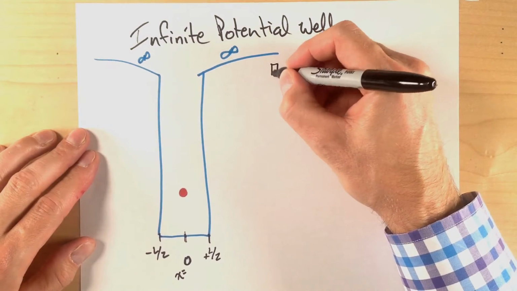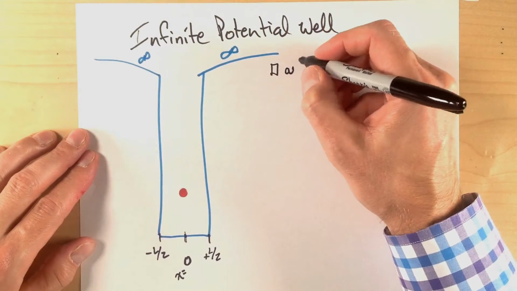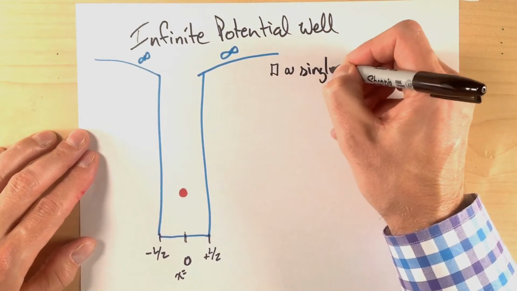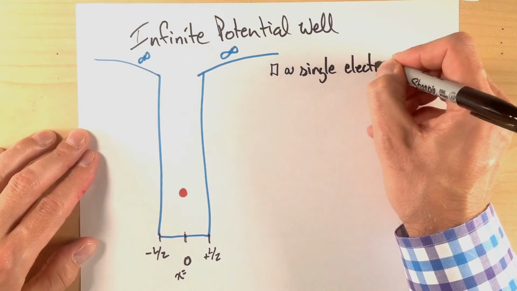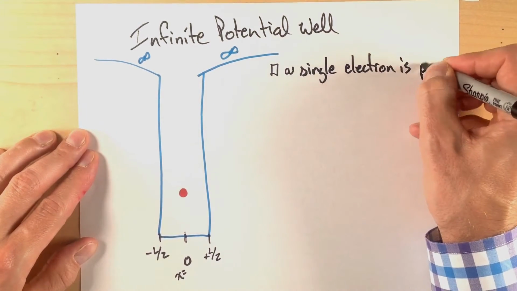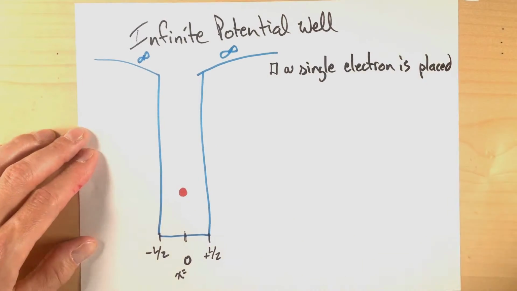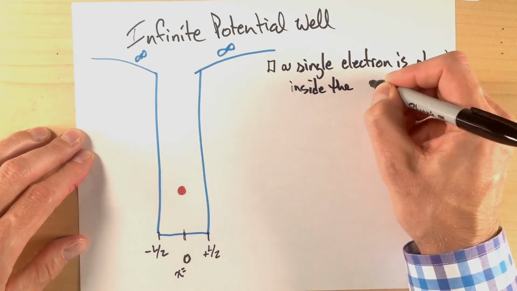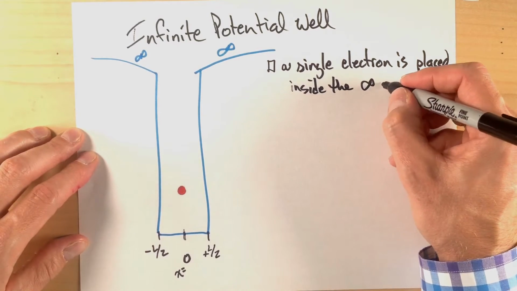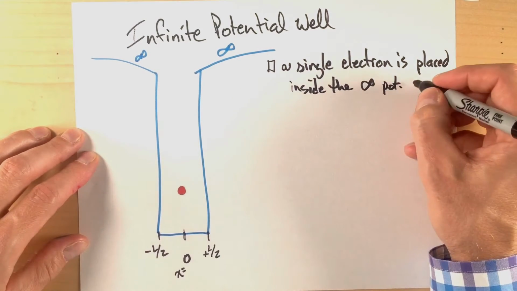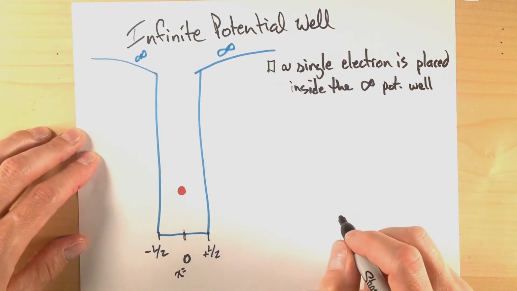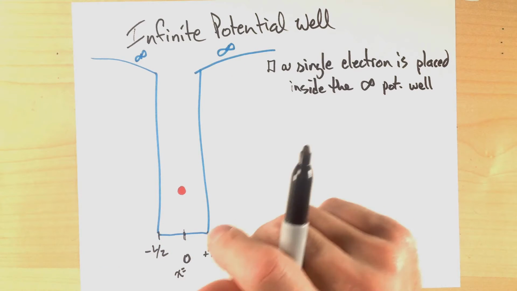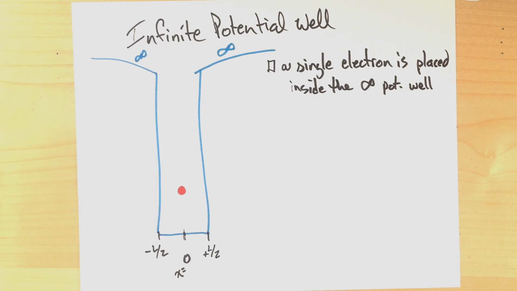So let's suppose that a single electron is placed inside the infinite potential well. The walls are infinitely high and the electron is trapped.